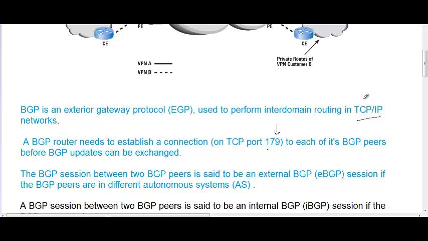In all other routing protocols, we have seen the neighbors will automatically come up when OSPF or EIGRP runs on an interface. But here neighbors will not come up and updates will not be shared unless we specify the neighbor statically. Why? It's a TCP protocol. It uses TCP port number 179.